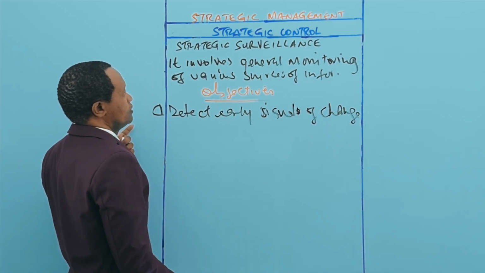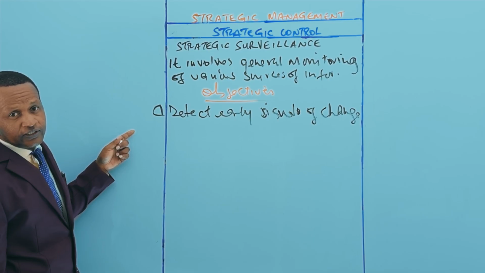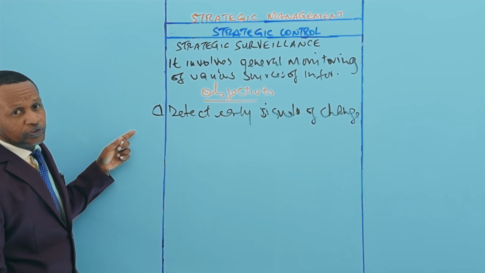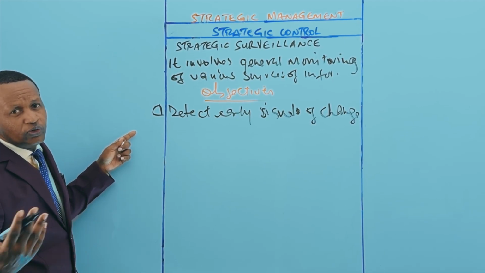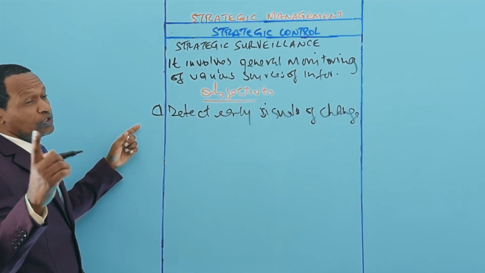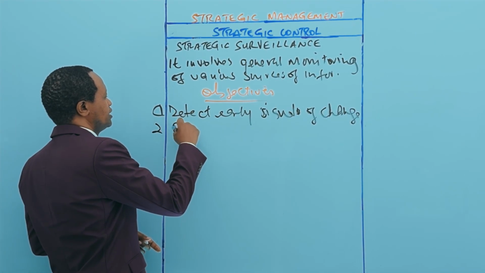That is one reason why organizations carry out strategic surveillance, to identify emerging trends, potential threats, and unexpected opportunities that might not be obvious through focused monitoring.